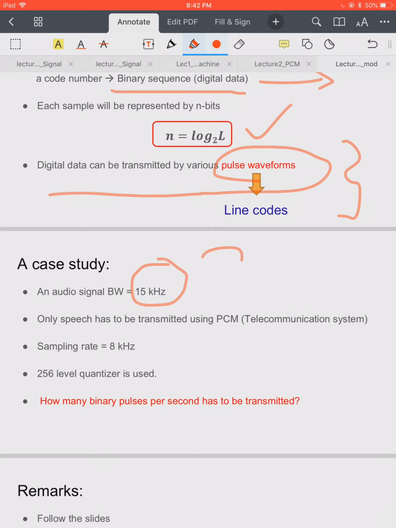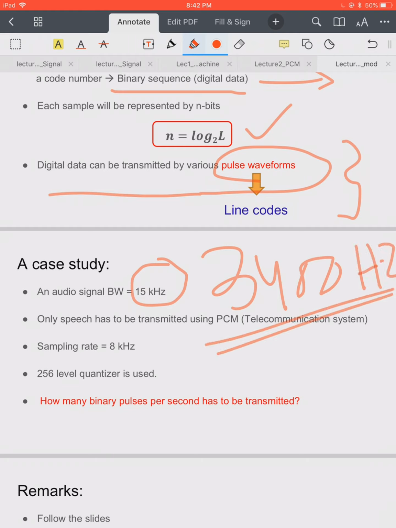The maximum speech signal frequency is 3400 Hz, so speech intelligibility is restricted within this frequency range.